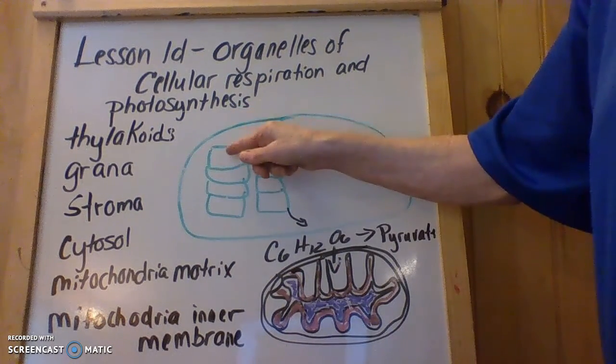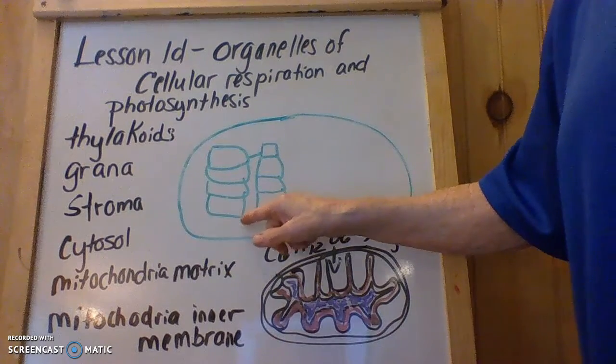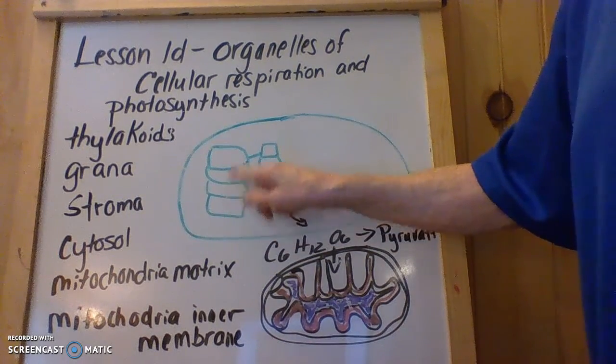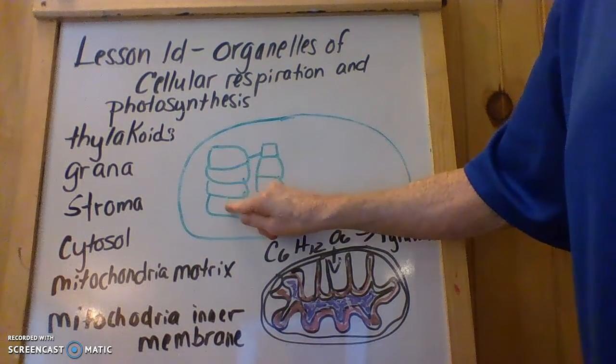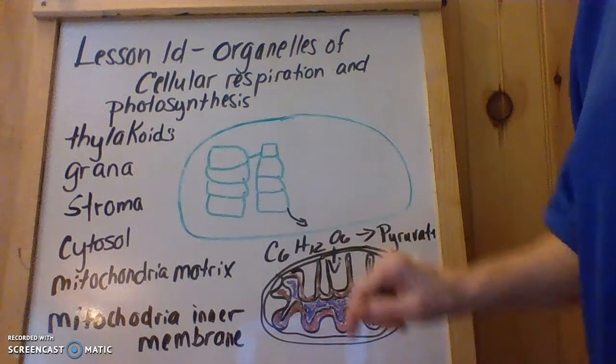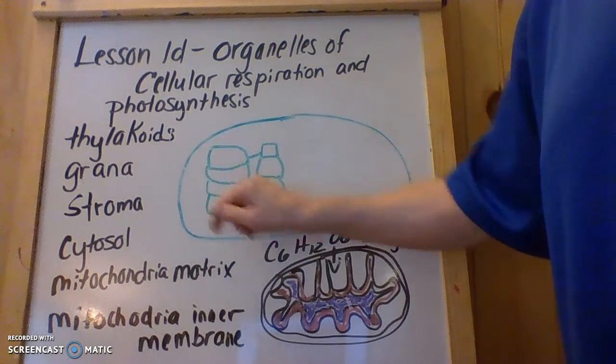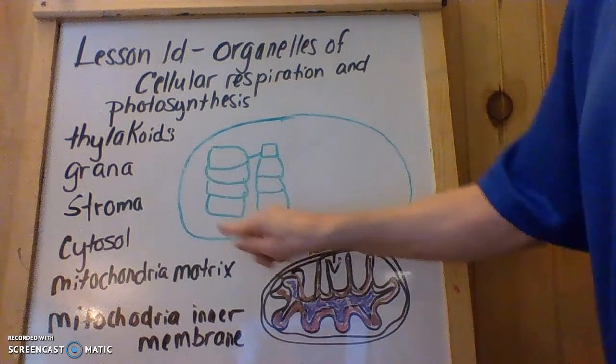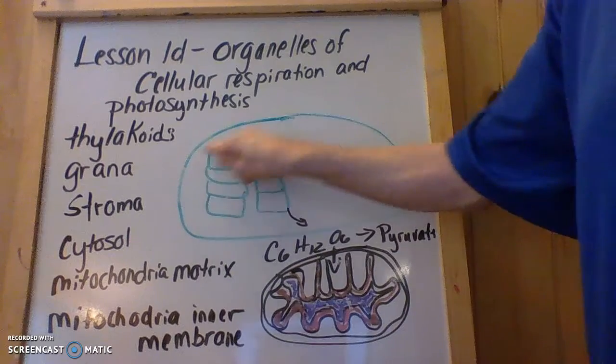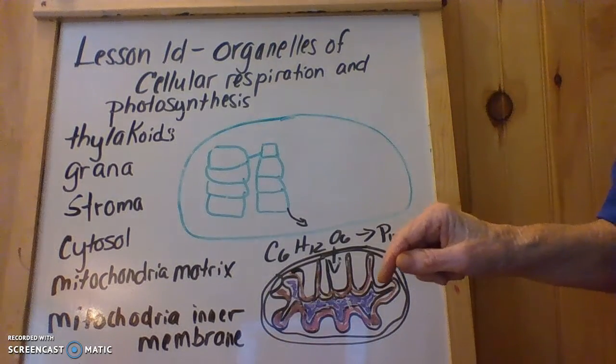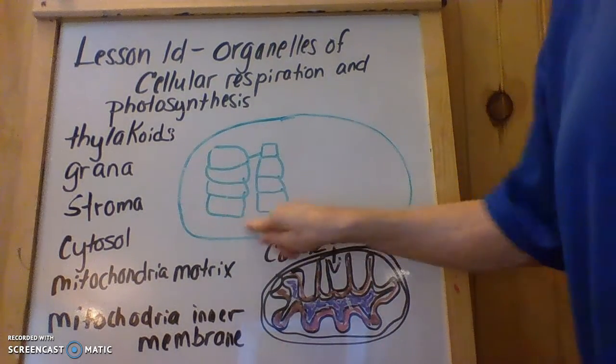And in the first step, that water is split, and it gives off oxygen. But that happens in these thylakoid stacks, and these are attached to one another. And the entire stack is called a granum. And the fluid around that, where the ATP is actually going to be generated, is called the stroma.